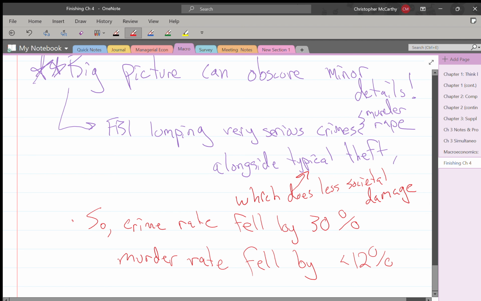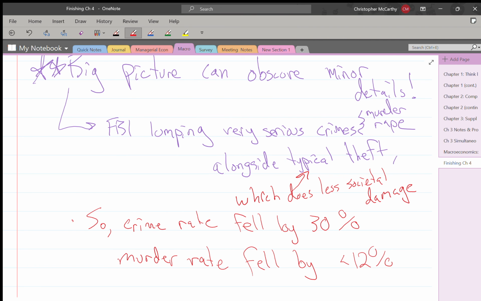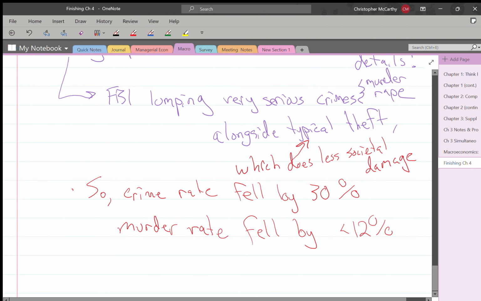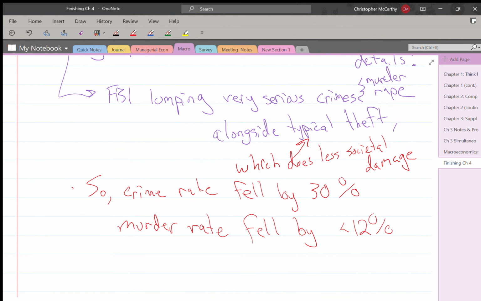Since murder is the most serious of crimes, you could say that the crime rate is actually understating the problem. The reduction in crime was less significant than the changes that the overall crime rate indicates. And additionally, well, I don't want to confuse it all anymore. So that's one of the reasons why aggregation can be problematic.